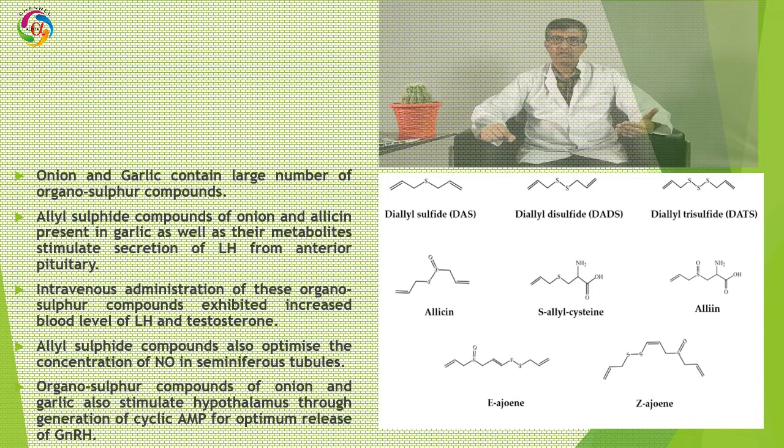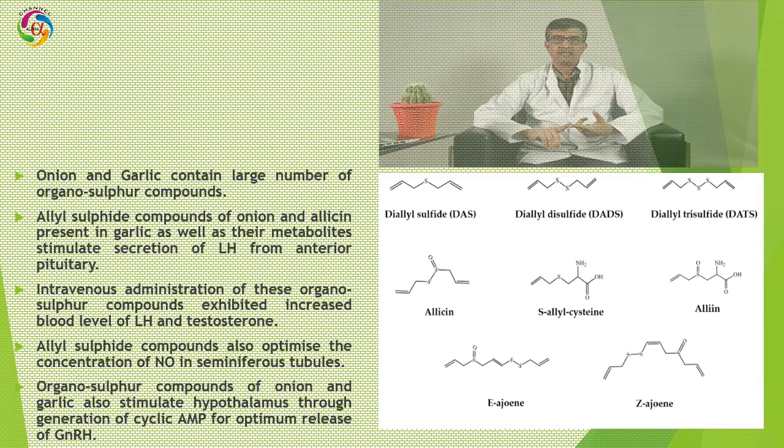In case of onion, the main organosulfur compounds are allyl sulfide compounds. It may be diallyl disulfide, diallyl trisulfide, monoallyl sulfide, and so many. In combination, we say allyl sulfide compounds. And in case of garlic, the major organosulfur compound is allicin.